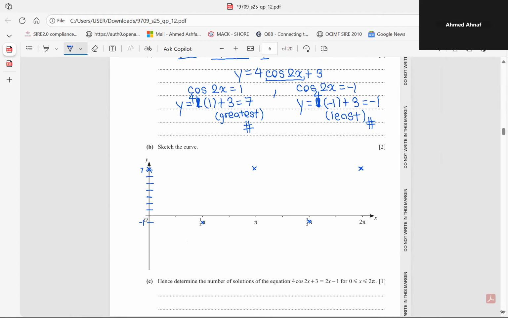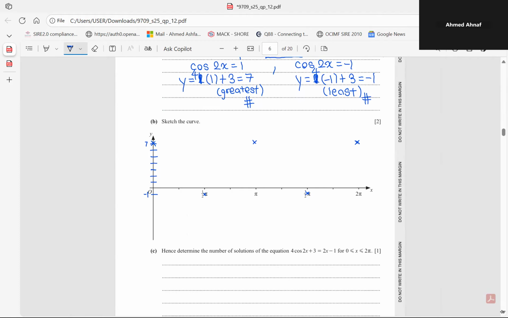All right, so now let's sketch the curve. So this would be our curve. This would be the minimum point, so the turning point.